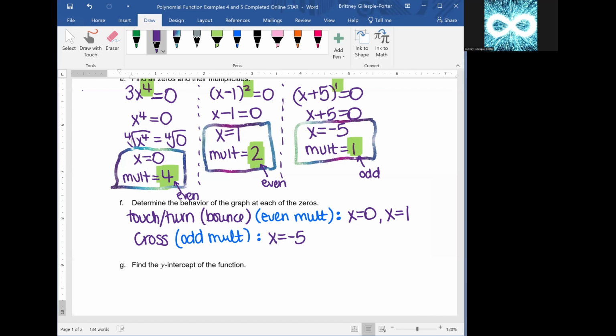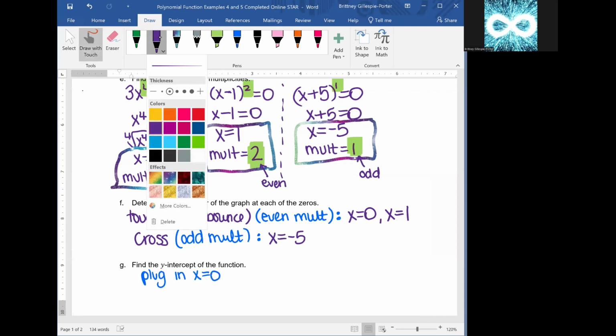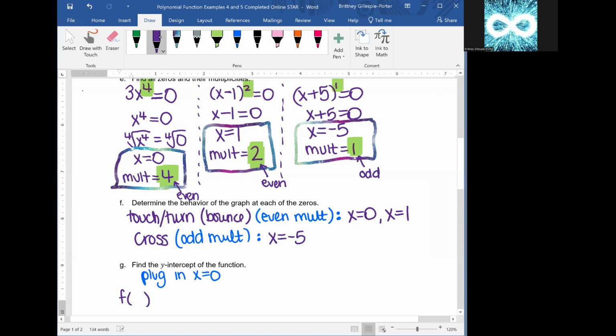Last one for this problem. We need to find the y-intercept of the function. Remember that this means that we need to plug in x equal to 0 in our function. Anytime we see an x, we're going to put a 0. So f of x becomes f of 0.